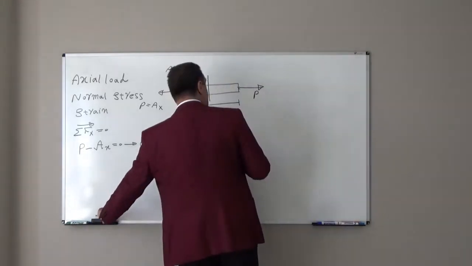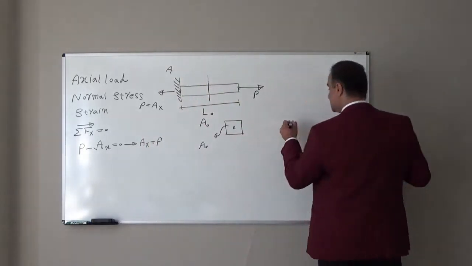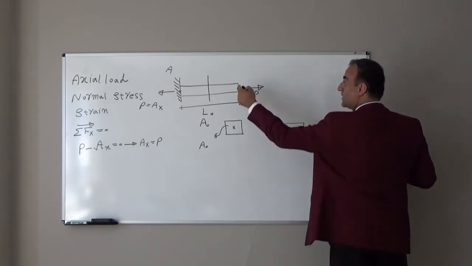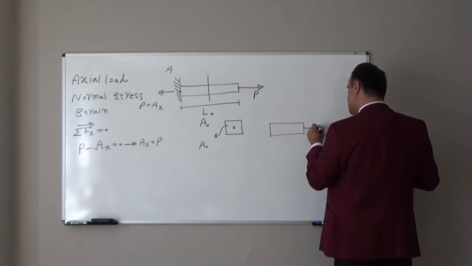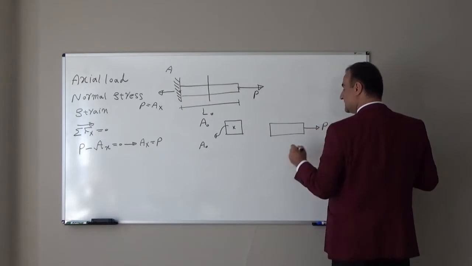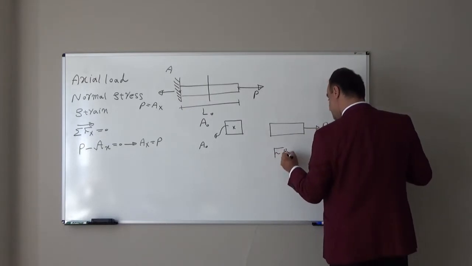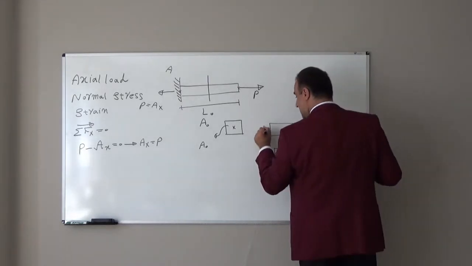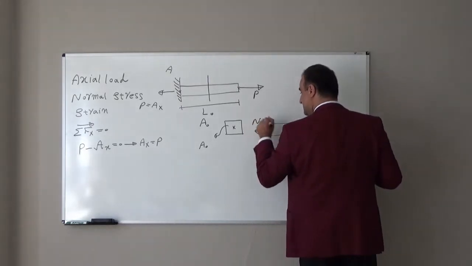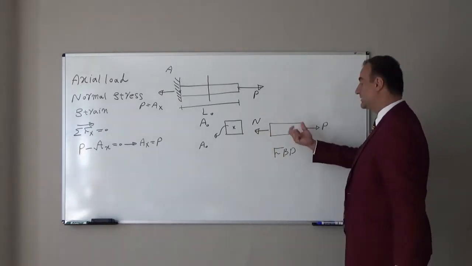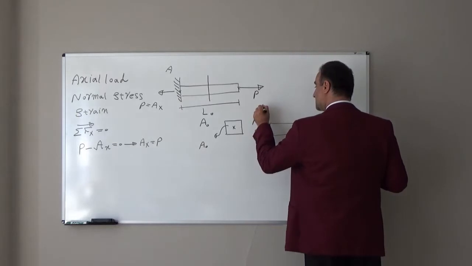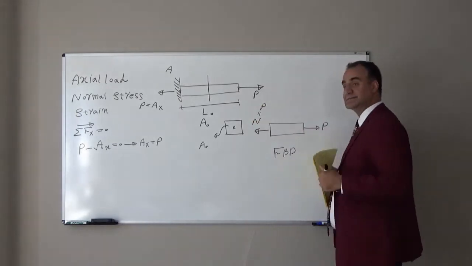If I look at the equilibrium of this piece, I have this part of the bar, and the external load is P. Now, looking at this free body diagram, in order to have this in equilibrium, I need axial force N here to keep this segment in equilibrium. That axial force N should be equal to P, and they should cancel each other.